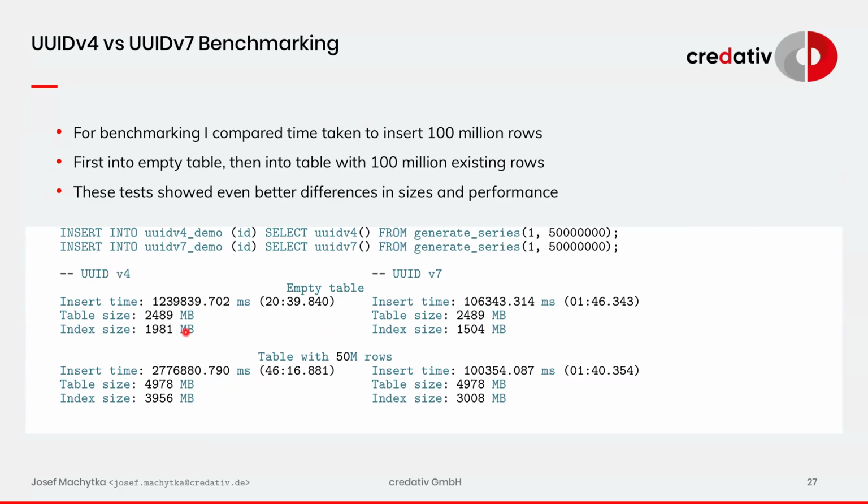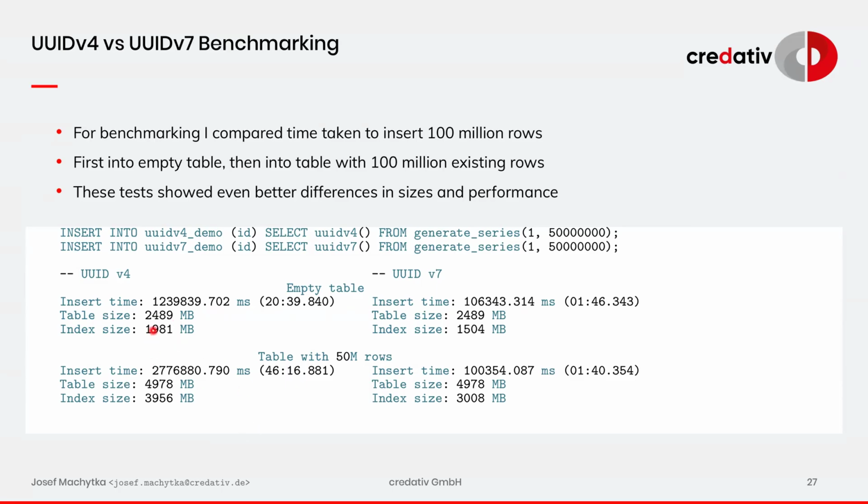And you can see differences in sizes of indexes. Tables are, of course, still the same because they have practically the same content, meaning a 16-byte UUID and an 8-byte bigint in each record, plus those system columns.